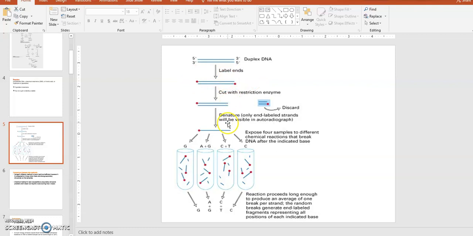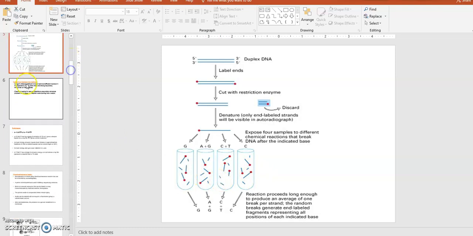And then that DNA will be modified and cut using those strong chemicals. It may be modified and cut at G, or A and G, or C and T, and C, so their cut sites will be different. These fragments will be sorted out on a sequencing gel, a DNA electrophoresis gel. Then you can read out the result, right?